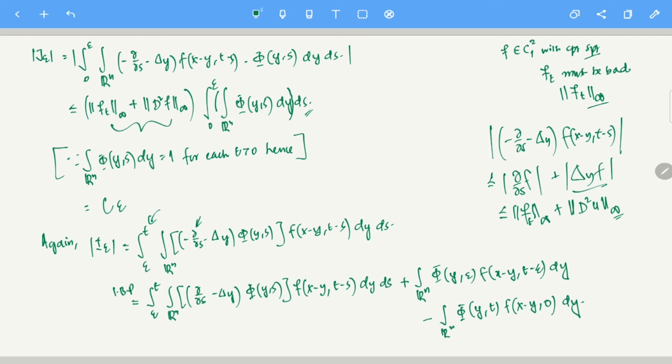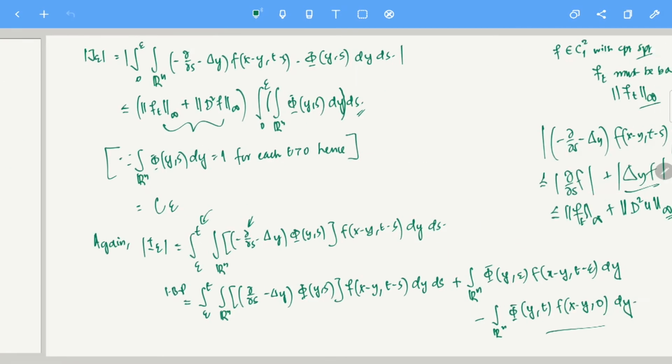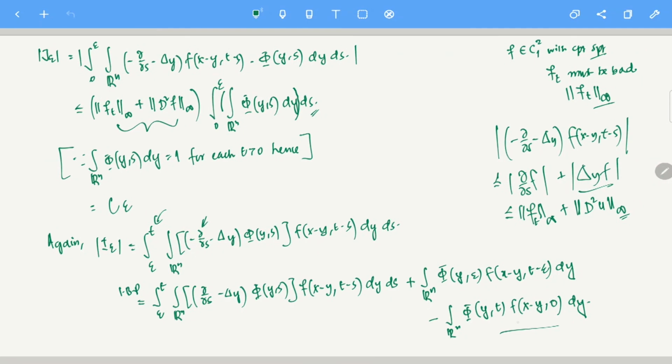Once we have something like this, this term I have seen somewhere, right? Where did we see this term? You see, this is k. This term and this term are the same, no? So this is k.